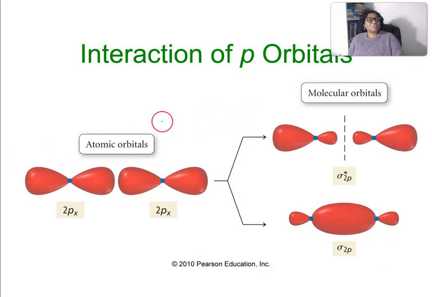So, interaction of p orbitals. We have looked at 1s and 2s. Let's look at the p. When the p orbitals interact this way, they form a sigma p bond, and these are molecular orbitals, anti-bonding p sigma orbitals.